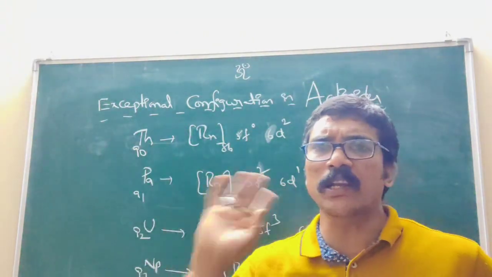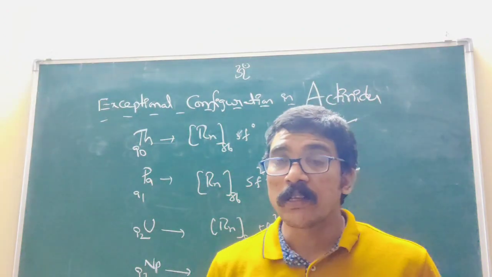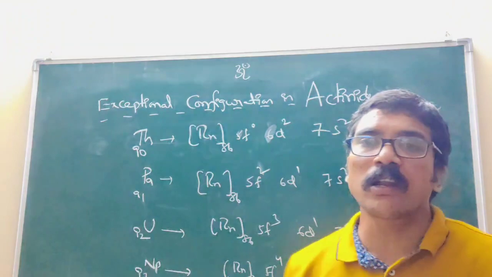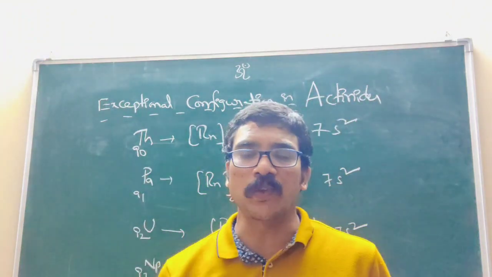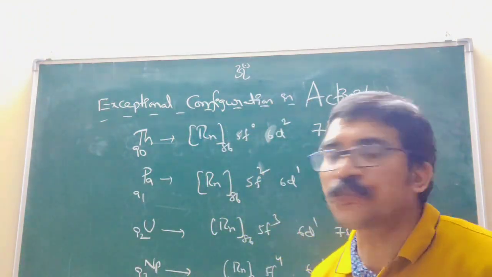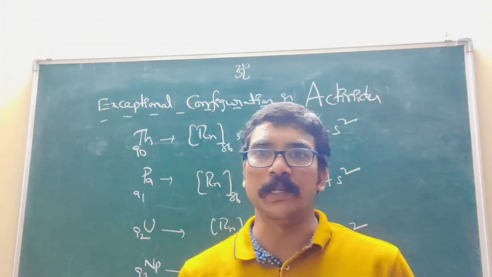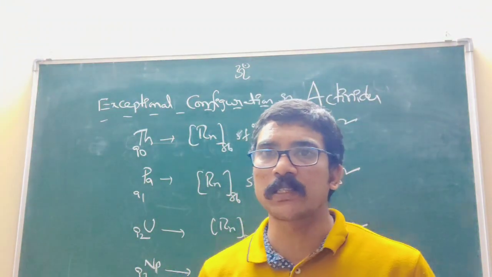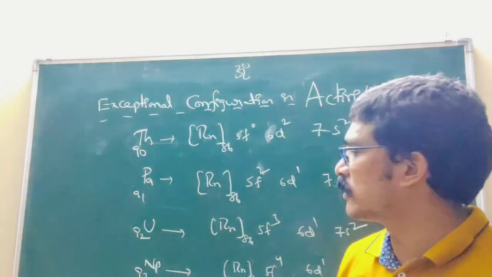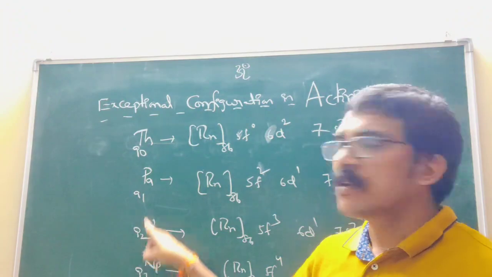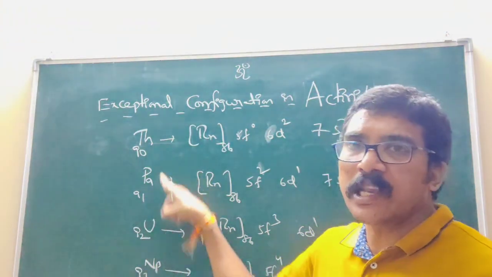But in these 14 actinides, the first three are natural radioactive elements. That means after uranium, all elements are man-made, artificial radioactive elements. So from thorium to uranium, three are exceptions.